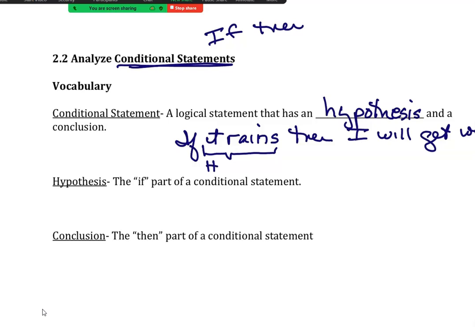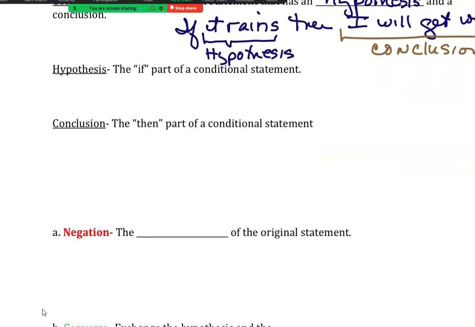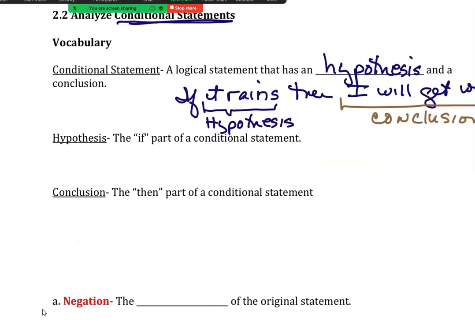So this is the hypothesis. And the conclusion follows the then. Okay, the hypothesis is the if part of the conditional statement, and the conclusion is the then part. Okay, so that's what you need to know.